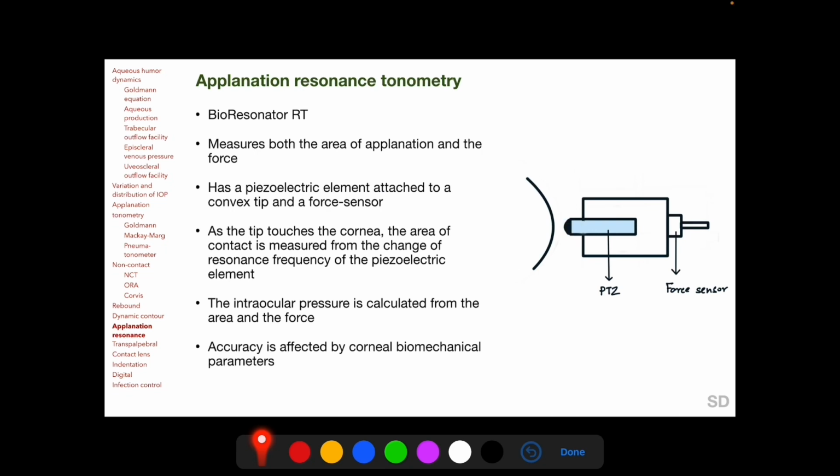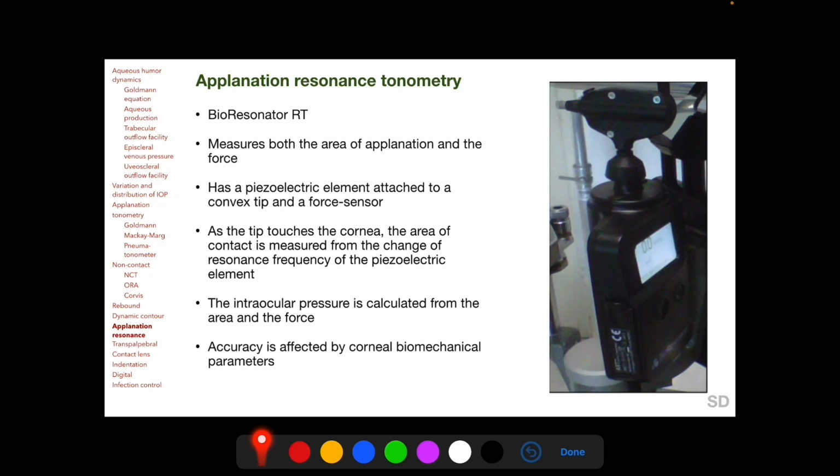As the tip touches the cornea, the area of contact is measured from the change of resonance frequency of the piezoelectric element, and the intraocular pressure is calculated from the area derived from the change in resonance frequency and the force measured by the force sensor. Accuracy of IOP reading with the applanation resonance tonometer has been found to be affected by corneal biomechanical parameters.